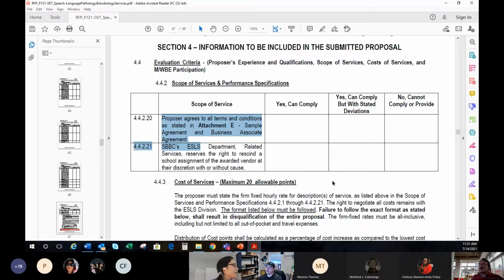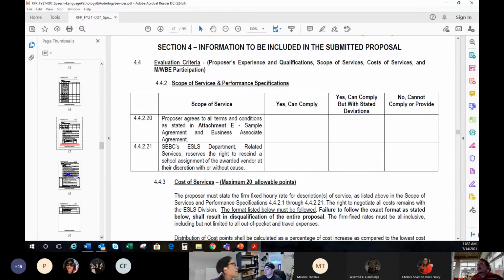Just be careful if you have to change a condition that you're not changing 7.1. That's a big no-no. Again, the liability section. Or no, cannot comply or provide. That would be a big problem too, if you check mark that and you can't comply with the RFP. So let's move down to the cost section.